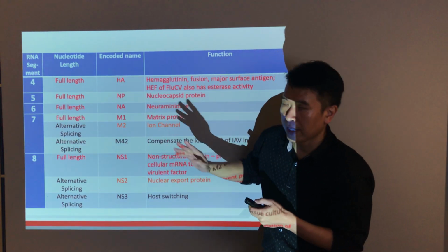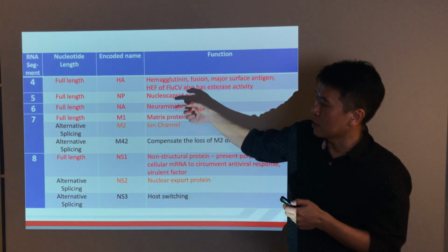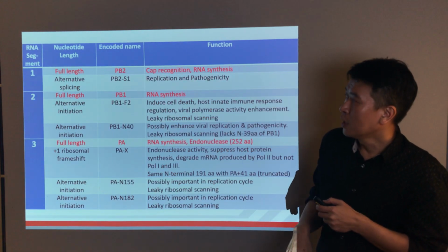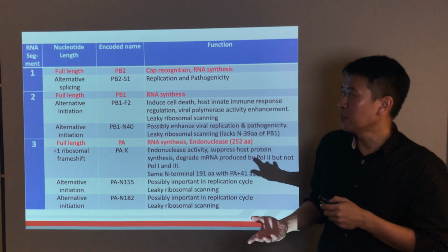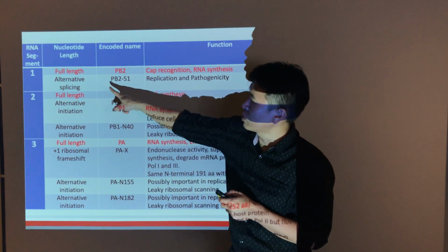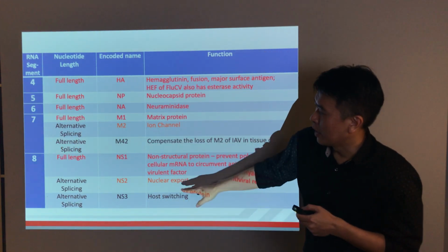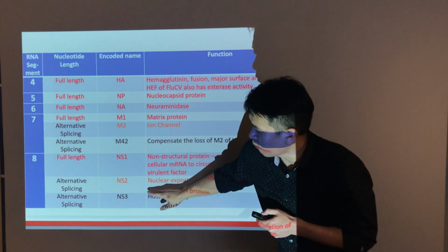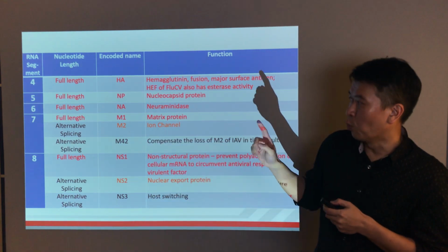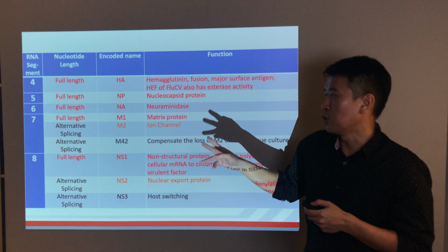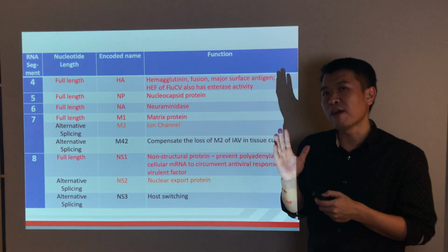Alright, these are the 8 that will be produced by using the full length. Then we have alternative splicing that produces 1, and then 2, 3, 4, 5. So segments 1, 7, 8 will produce another 5 mRNAs.